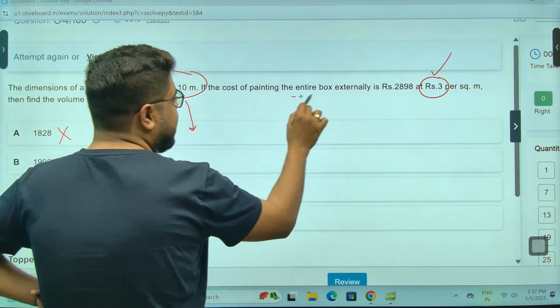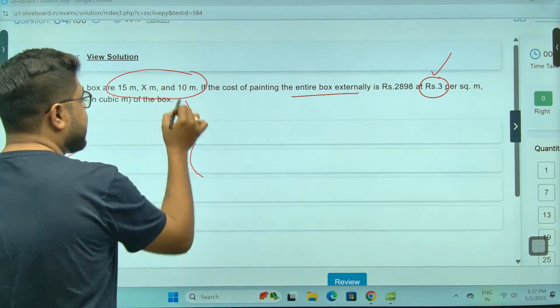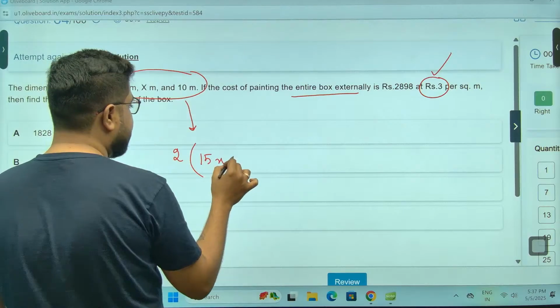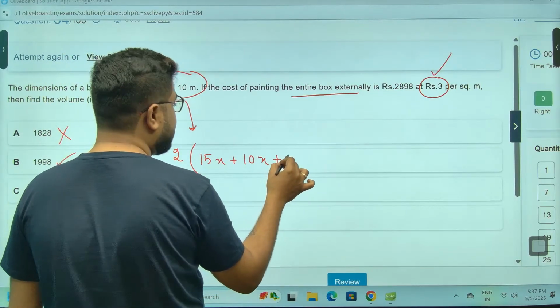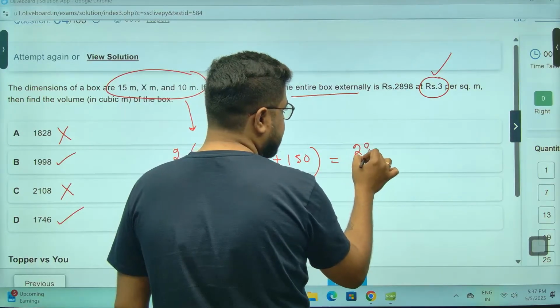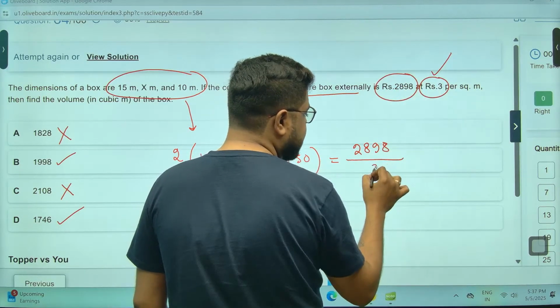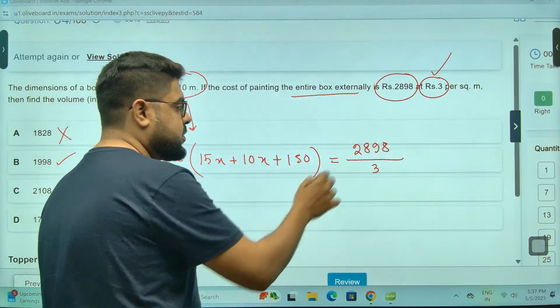Sir, cost of the entire box externally, sir. That means TA, total surface area. 2 at a time. 15 into X, 15X. X into 10, 10X, plus 15 into 10, 150. That is equal to 2898. That is the total, how many rupees we needed, per square feet rate. So this will be the area.